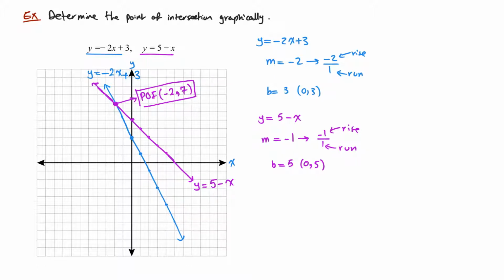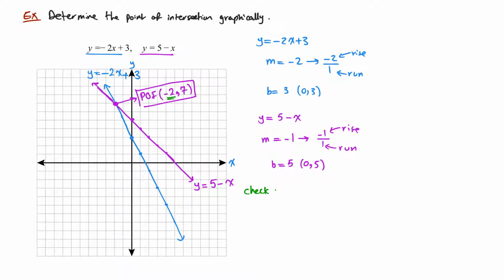As an extra step, you can actually check your solution and make sure that it works. So to check, you would take the -2, which is your x value, plug it into both equations, and see whether you get 7 both of the times.